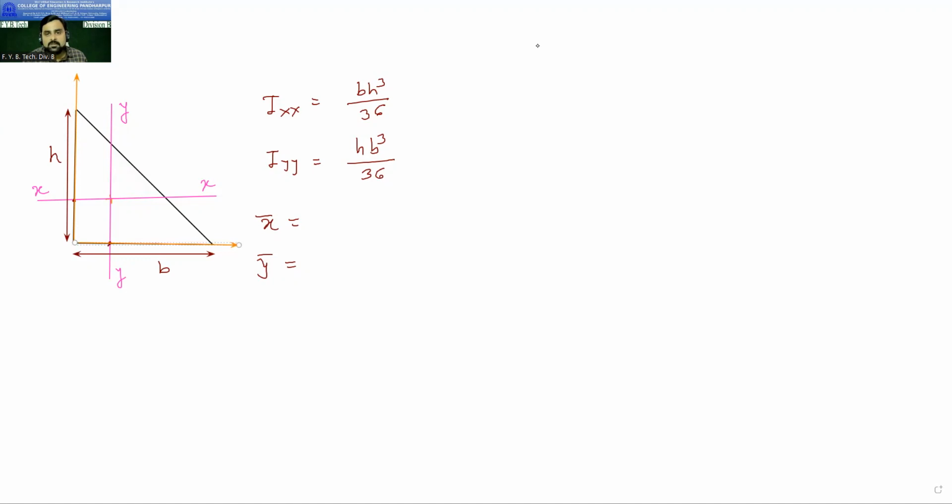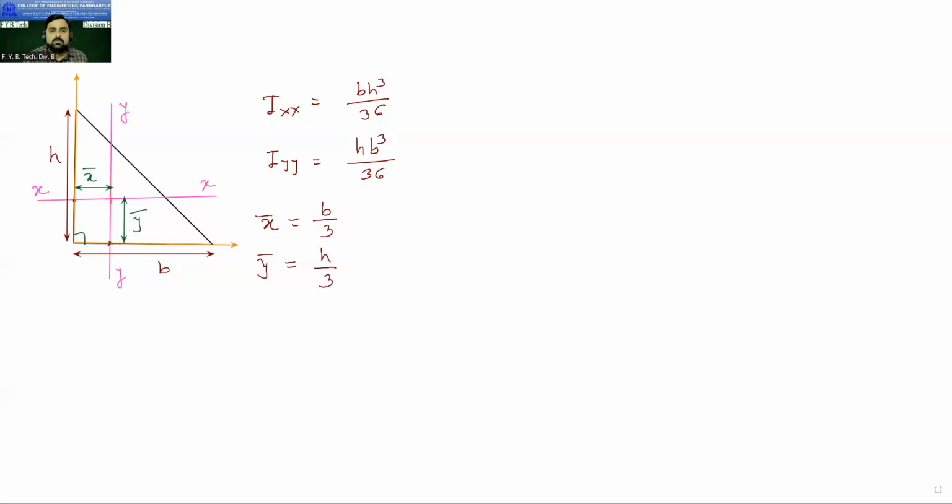The distance of this centroid from the y-axis, we call it x bar. And the distance of the centroid from the x-axis, we call it y bar. And here is the angle of 90 degrees. So in the case of a right angle triangle, it is b by 3 and h by 3 from the right angle. So your x bar is b by 3 and y bar is h by 3.